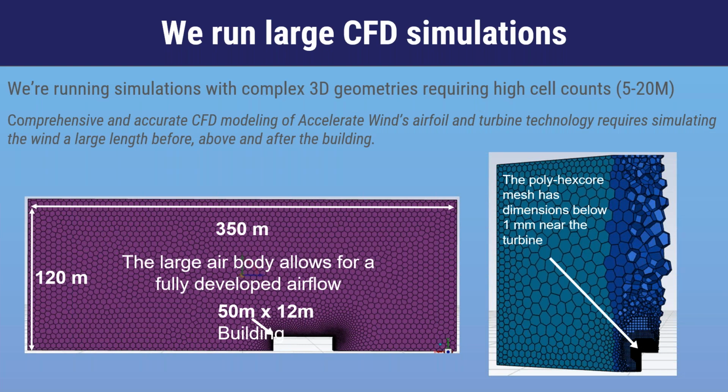If we really want to do this right, a lot of times we can have a bounding box that's several kilometers wide, and then we need to be able to mesh that entire bounding box, but then also be able to mesh just a few centimeters at the spoiler system that guides the wind over the edge of the roof.